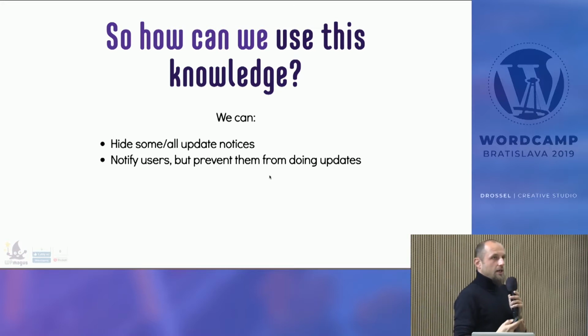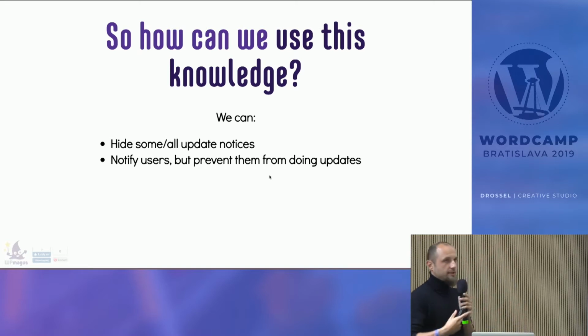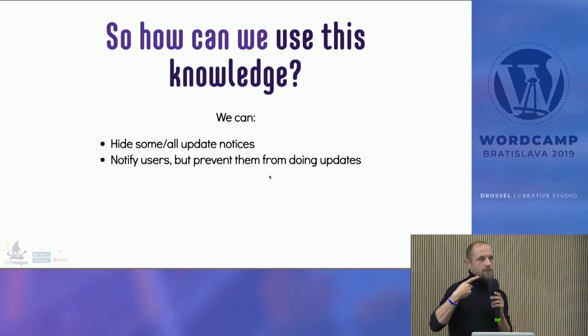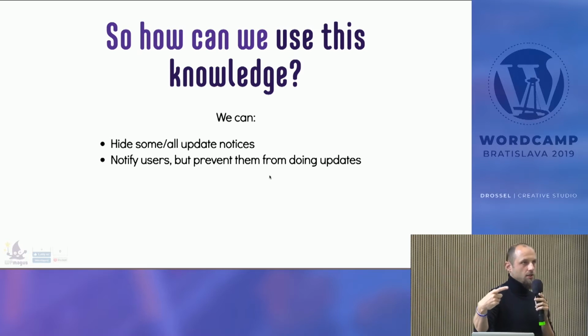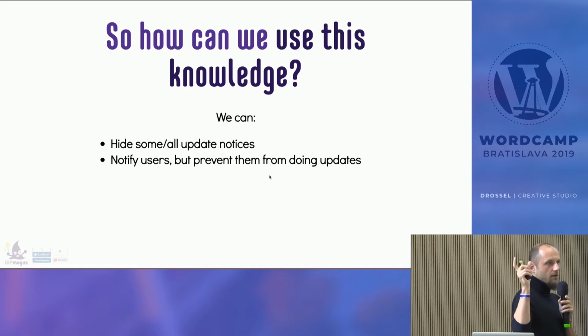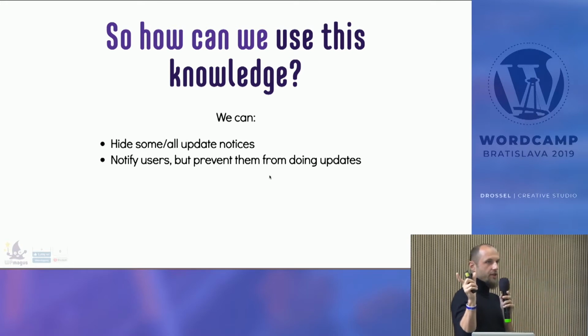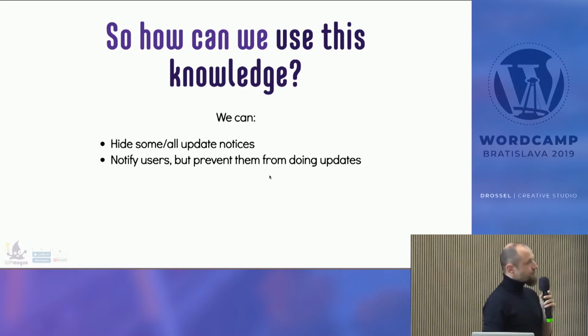How? Well, it's pretty easy. All you have to do is to use, again, the filter for setting the transient and delete the information about the URL of the package. If the plugin info won't have that URL, it will show that there is a new version, but it won't show the update button because it's unable to update.